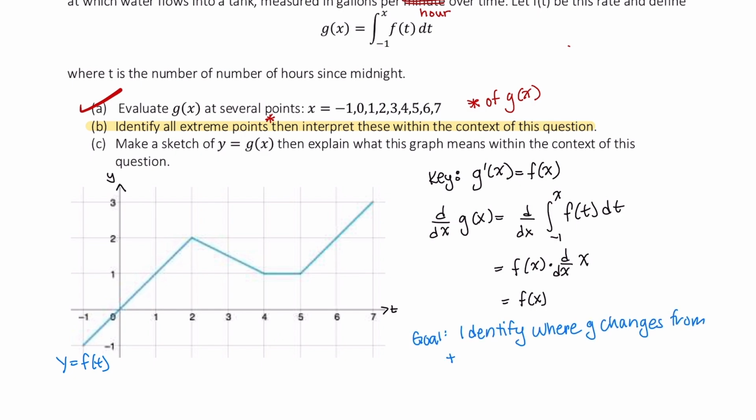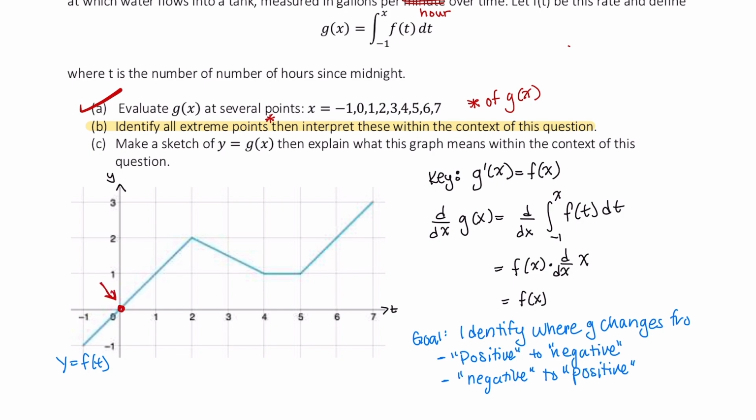So from positive, you know what, I should actually write this out. Positive to negative, or when it goes from negative to positive. And that occurs right here.